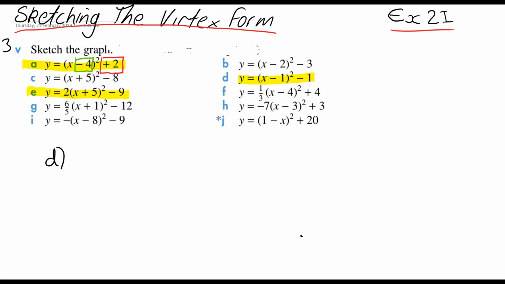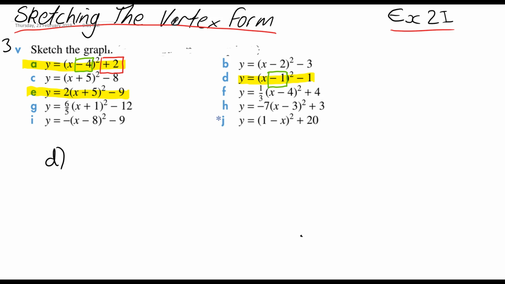Okay, so with D, we've got an x value for our vertex of, and sorry, I spelled vertex wrong. Somebody would have noticed that and been very cranky. Okay, so with this in vertex form, you've got positive 1.